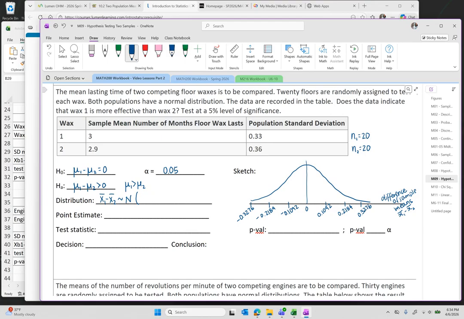It will have a mean of the theoretical difference of those two means, which is 0, from the null hypothesis, that is the theoretical distribution, and a standard deviation of the square root of 0.33 squared divided by 20 plus 0.36 squared divided by 20. So I need a value for this, and I will either use my calculator or I'm going to use Excel.